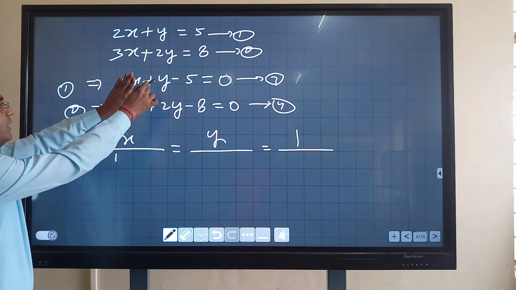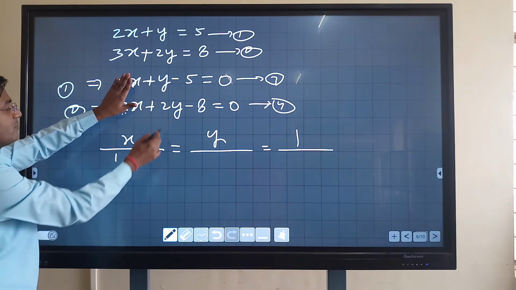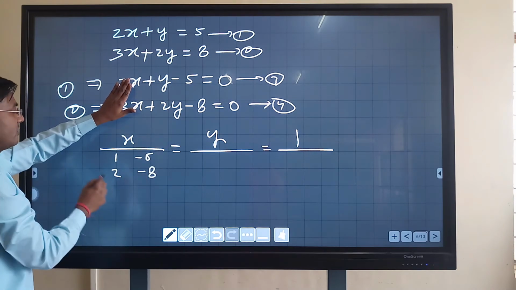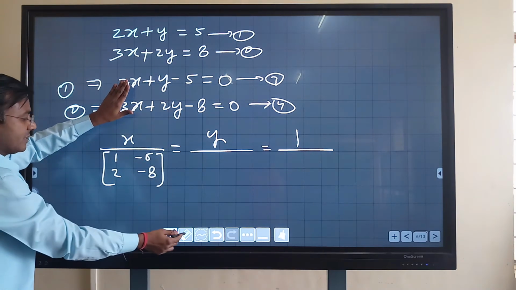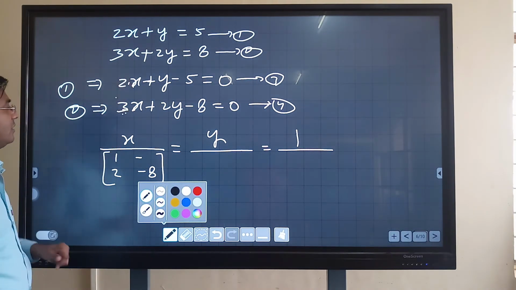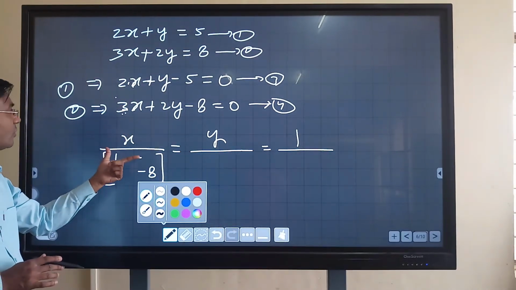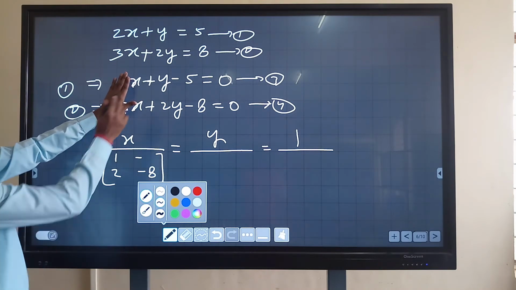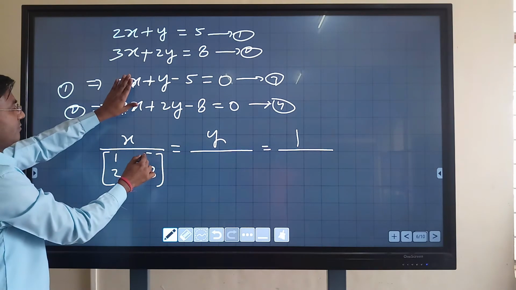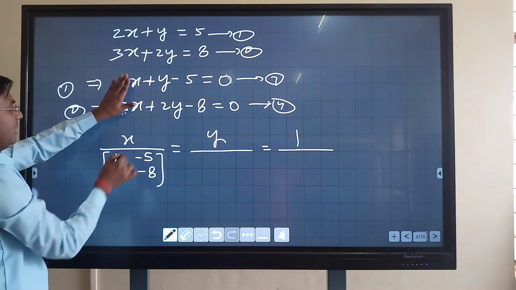Write as it is 1, then in front of 1 is -5, then 2 and -8. Close in the braces. Clear or not? Check once again. We have to write x upon, so hide all the elements of x and write the remaining elements: 1, -5, 2 and -8.